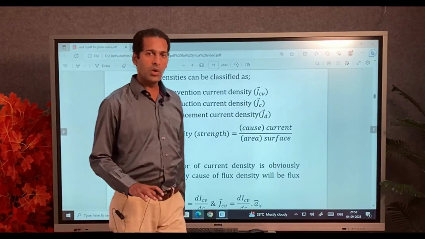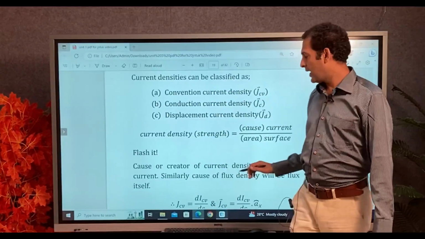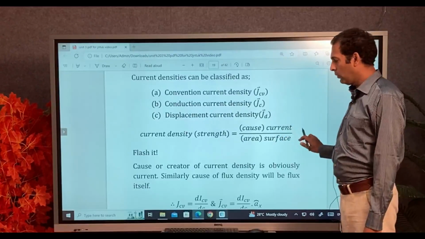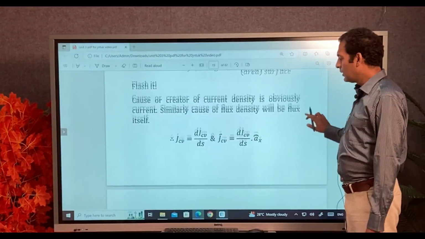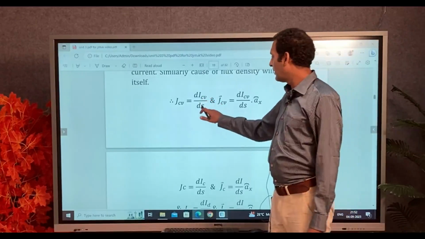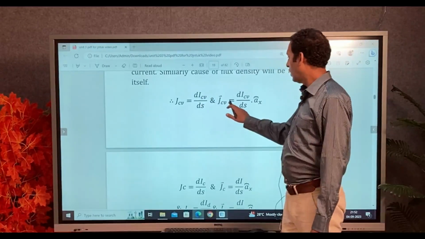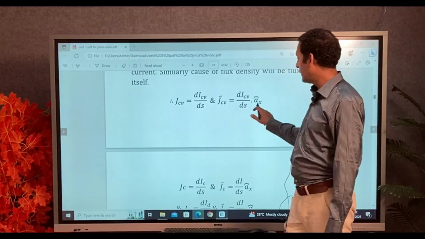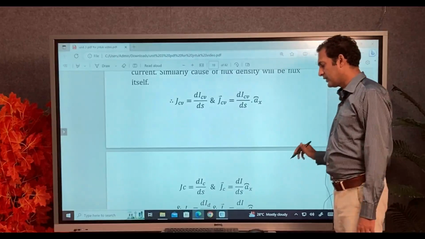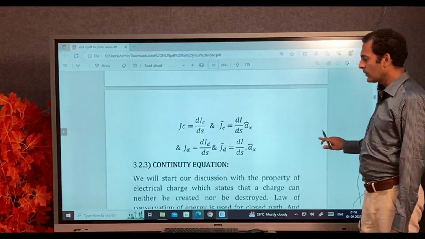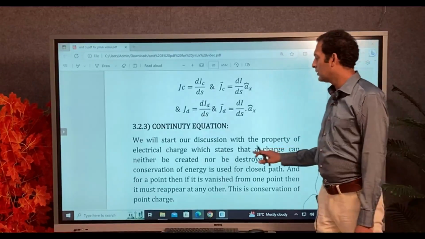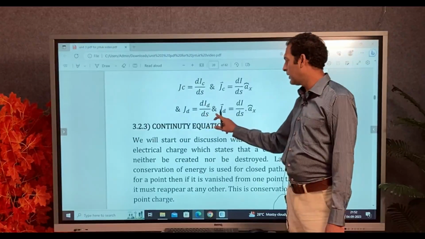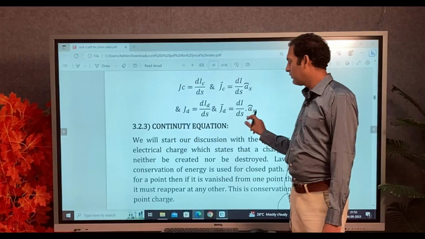Current density's cause is always current. It may have ds or dv depending upon whether we are taking a surface or a volume. So J_CV is equal to di by ds, or if we consider the vector, J_CV is di by ds along with its direction. Now J_D is the displacement current density, equal to di by ds, and in vector form we have to give the direction.